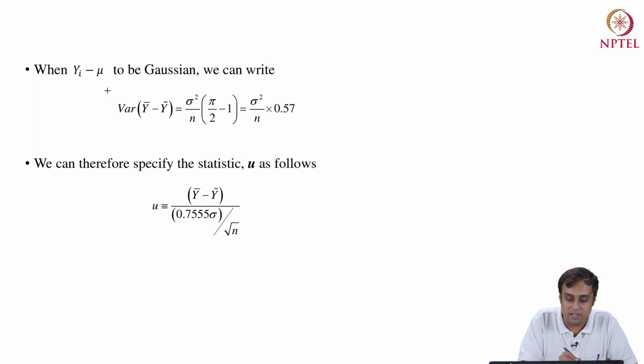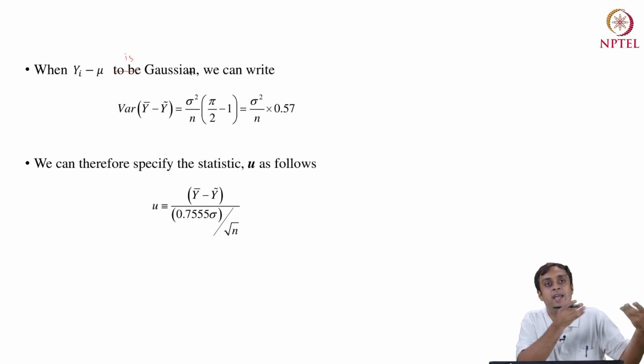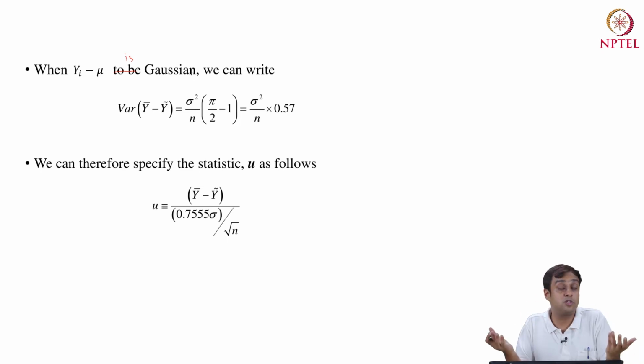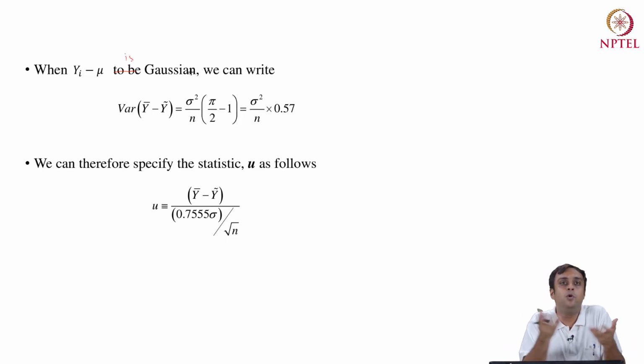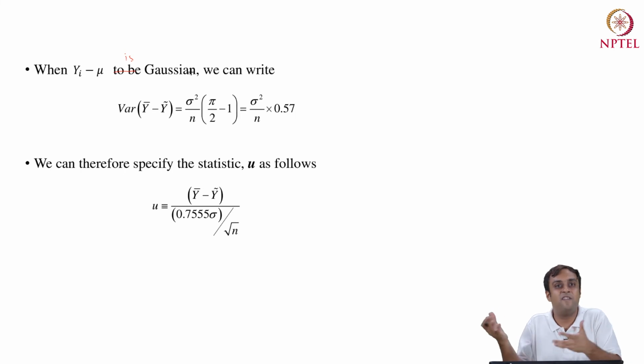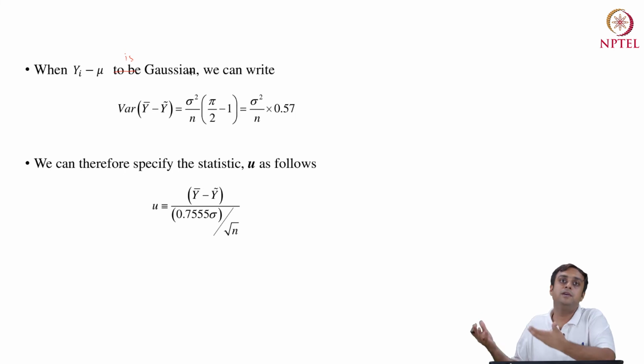when yi minus mu is Gaussian, Gaussian means normally distributed, right? So if yi is normally distributed, yi minus mu will also be normally distributed because mu is simply a constant. So yi minus mu will simply follow the distribution of yi with zero mean and a variance exactly equal to that of yi.